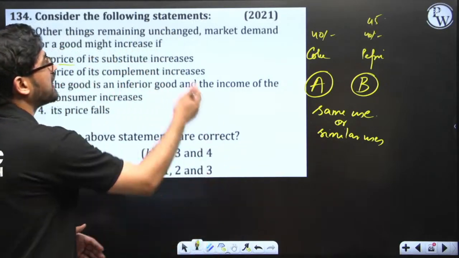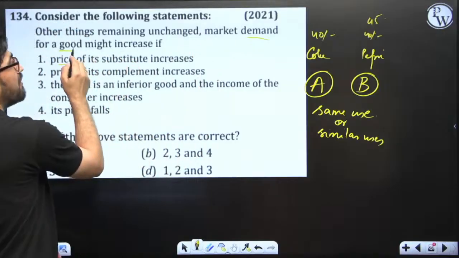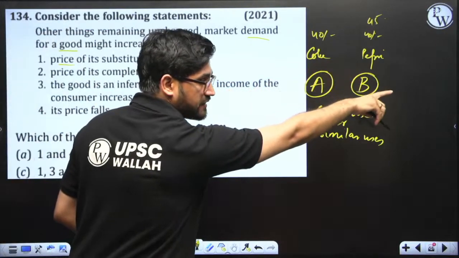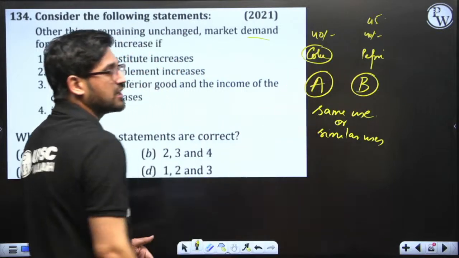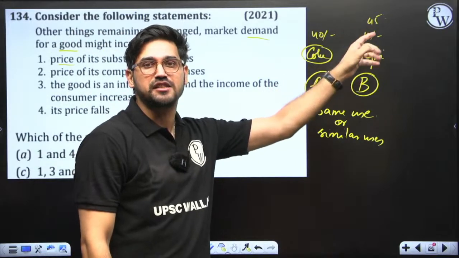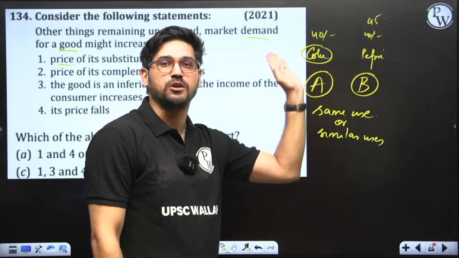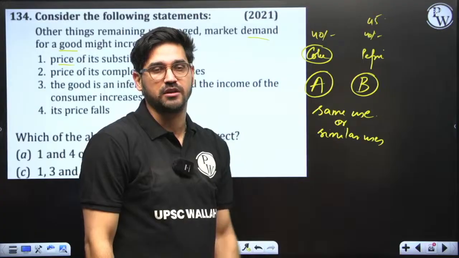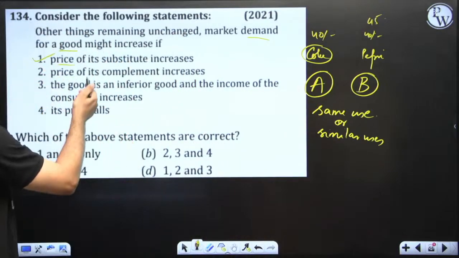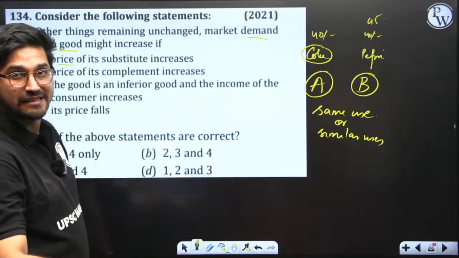He's saying market demand of a good might increase if the price of its substitute rises. That means if we are imagining market demand for Coca-Cola, if the price of Pepsi increases, many people are going to switch over from Pepsi to Coca-Cola. So the market demand for Coca-Cola will increase. So this is okay.